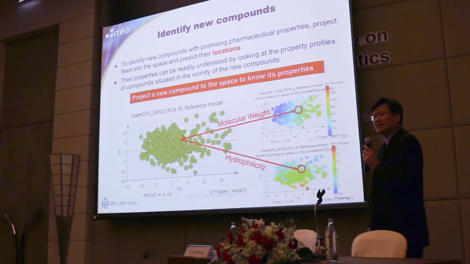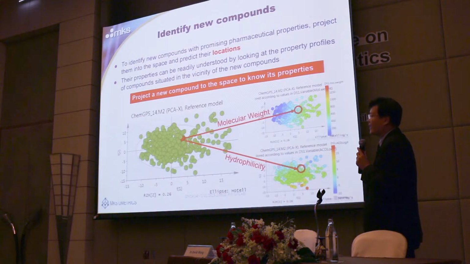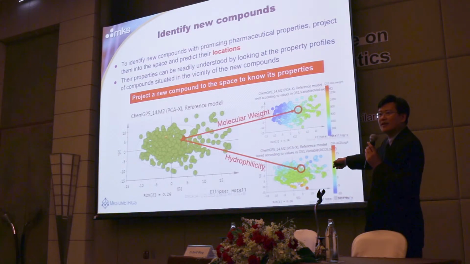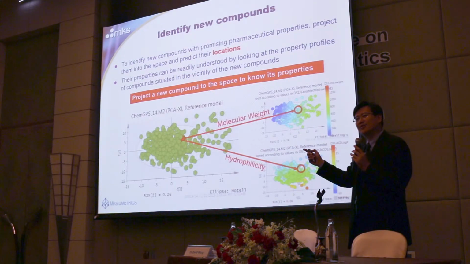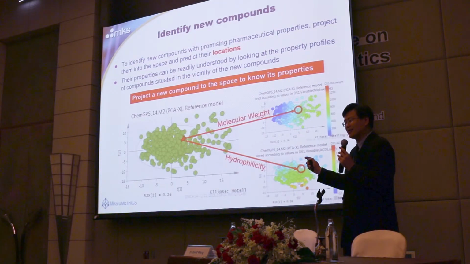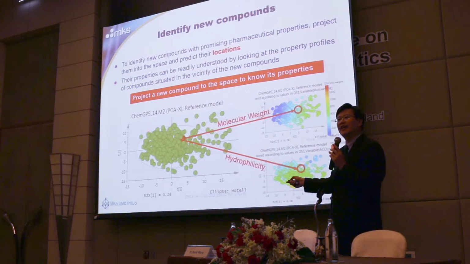So the next step, we can identify the new compound regarding its properties over here. So for example, if we have new molecules here, and we project them into this drug space, we can find its location here.